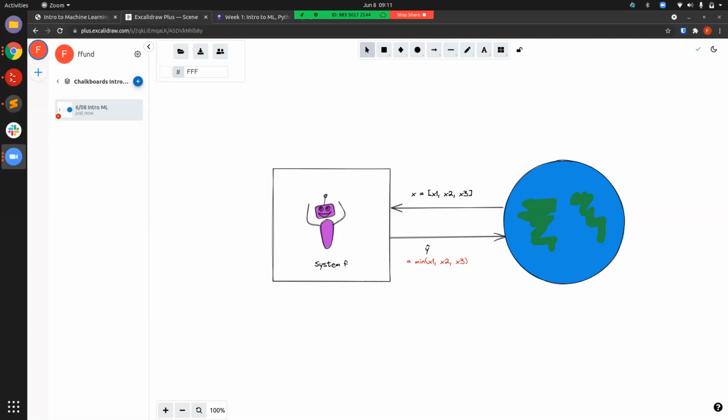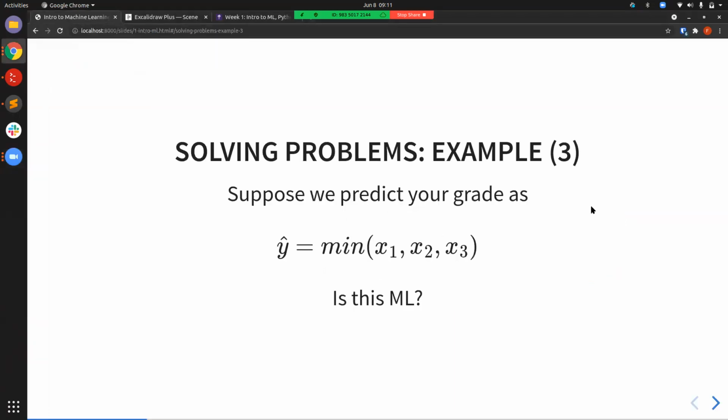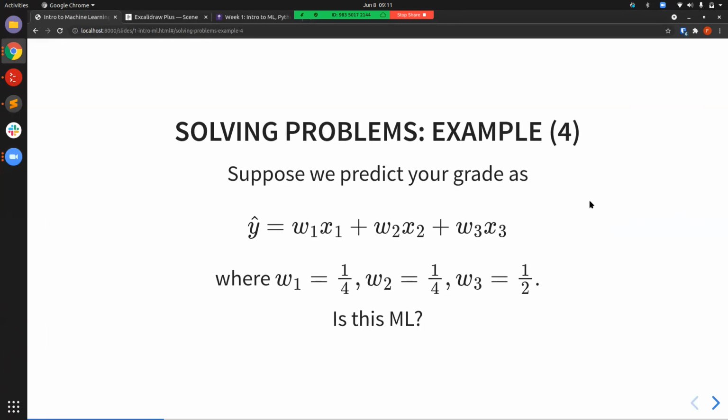Okay, well, we were a little split on this one. Let's try a different example, and we'll see if we get a little bit more agreement. Suppose instead of predicting our grade as a minimum of 3 previous grades, now we're going to predict the grade as the weighted sum of your 3 previous grades.